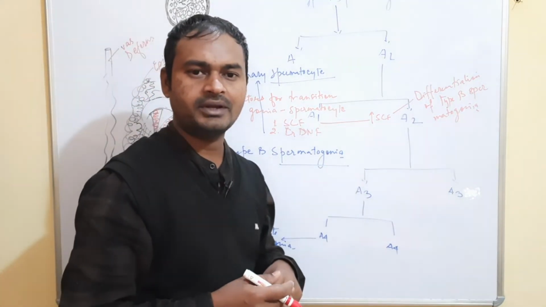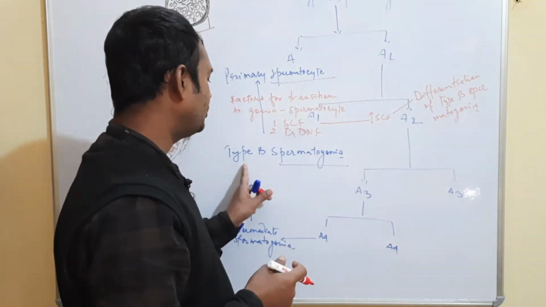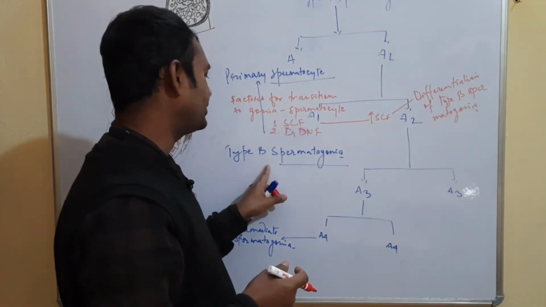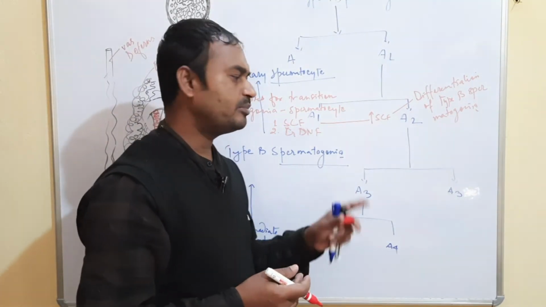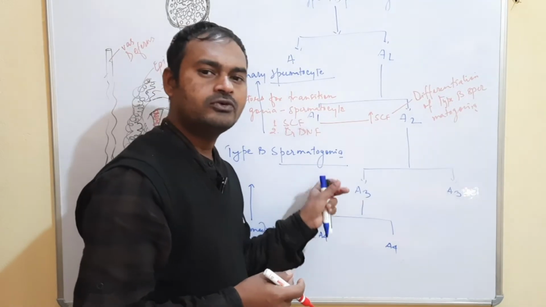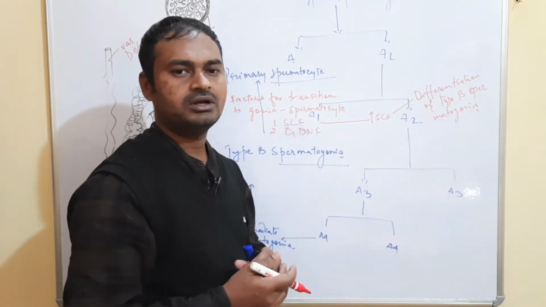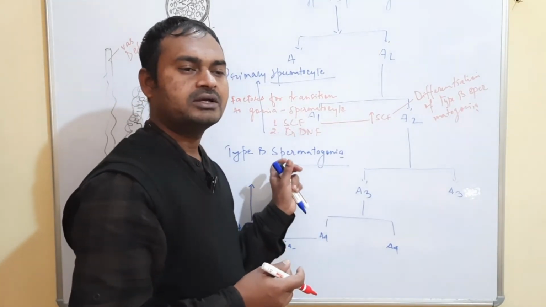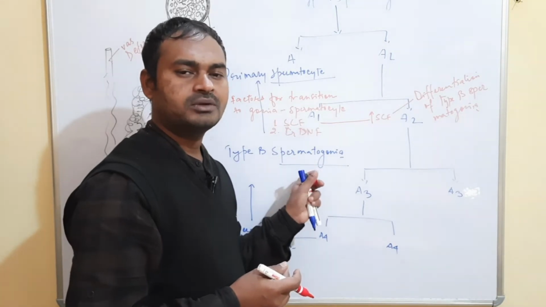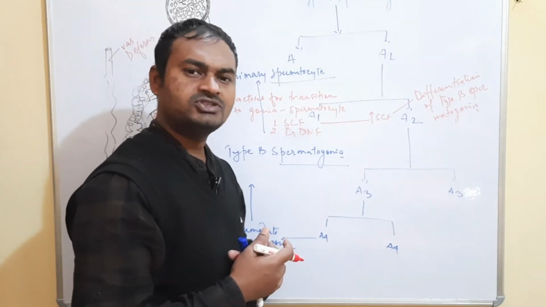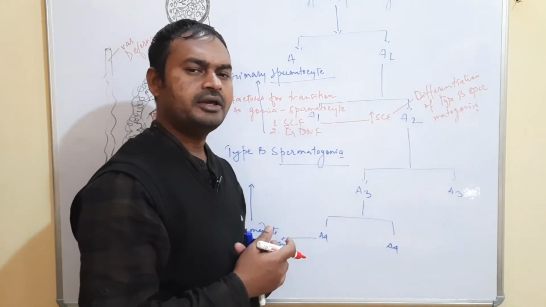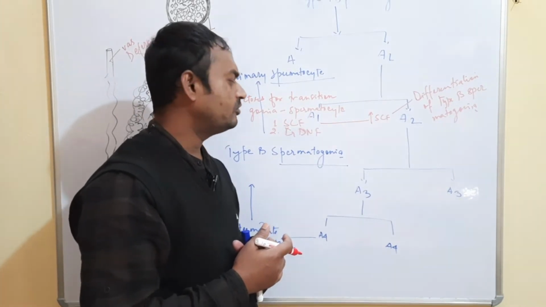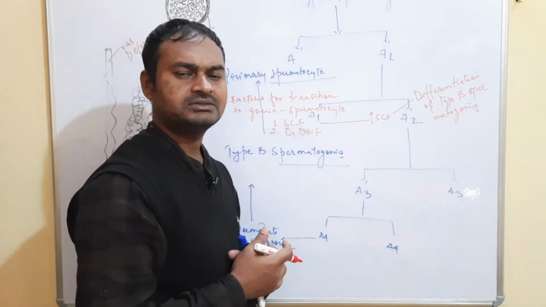Then what will happen? A time will come when all those type B spermatogonia will be utilized. So in order to replenish and fulfill the requirement of the amount of type B spermatogonia, nature has given an important clue for its maintenance.